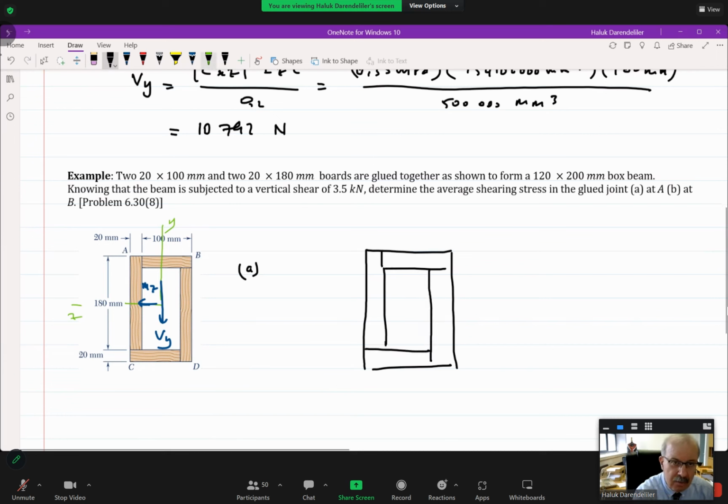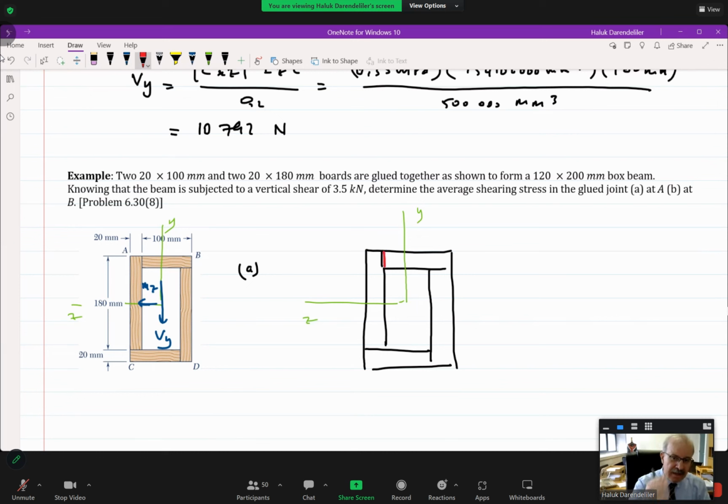Now, we have the z-axis and y-axis. We know the shear force. I am asking you, look, first, I want to determine the average shear stress along this line.